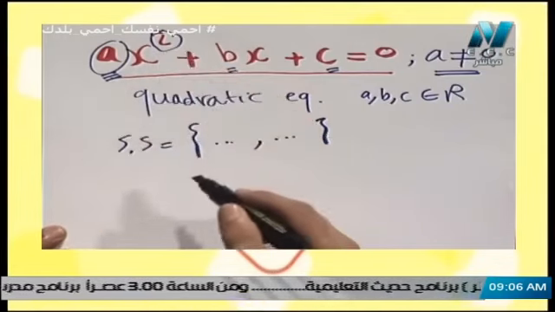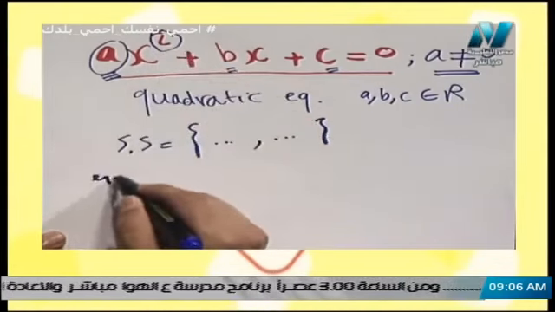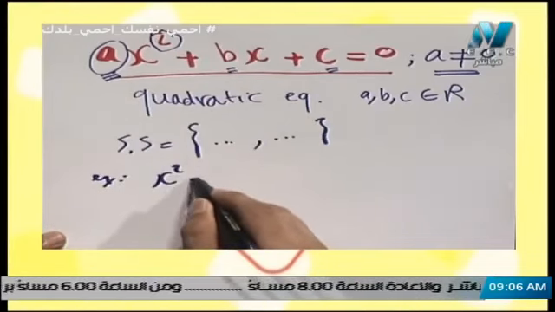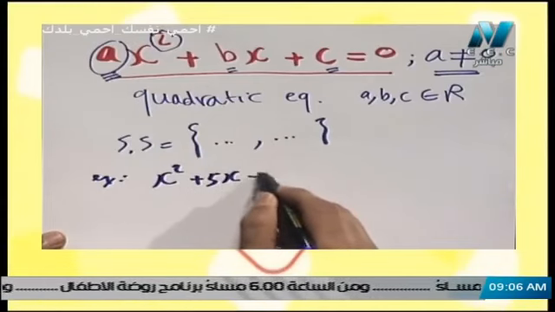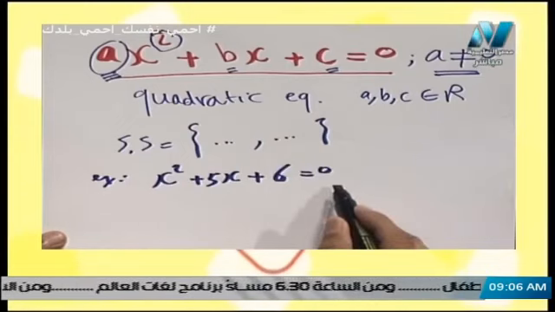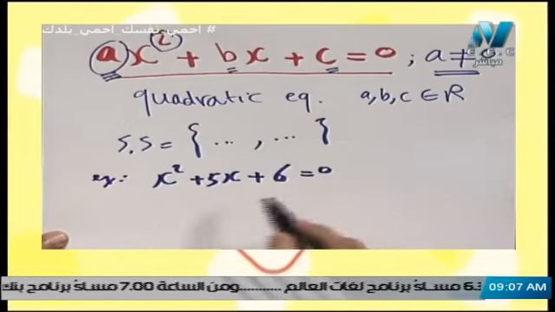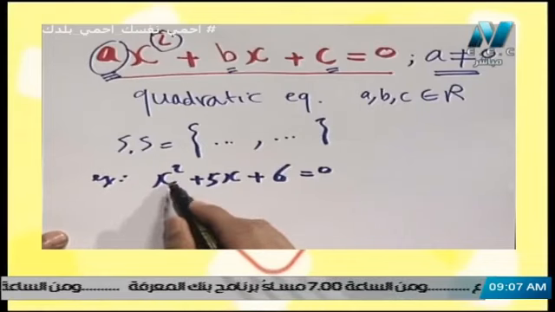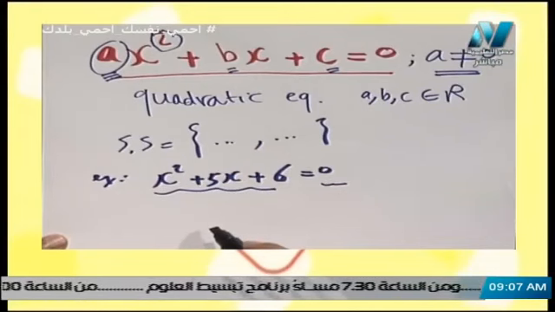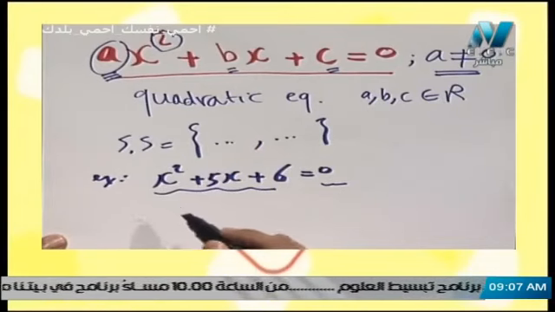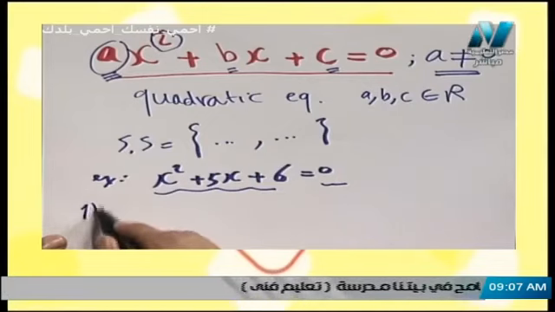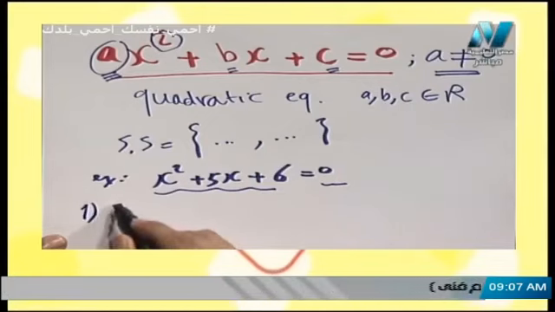Okay, if we have an example here, an equation x power 2 plus 5x plus 6 equals 0, and you want to find the solution of the equation, we have to find the values of x that make this expression equal 0. We have two algebraic methods to solve this equation. The first method is factorizing, or factorization.